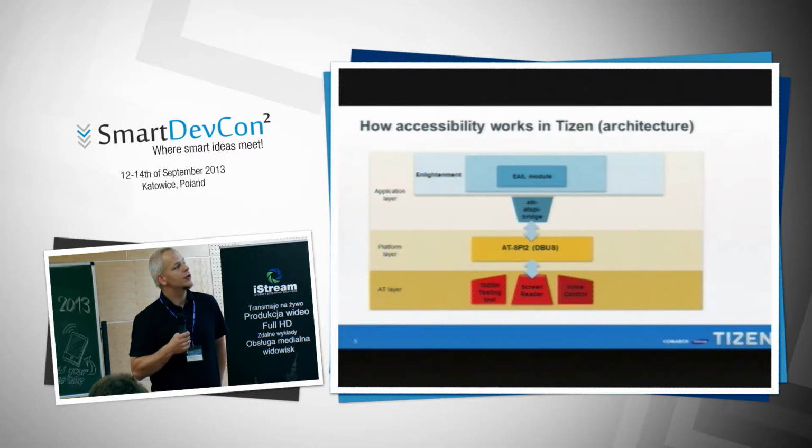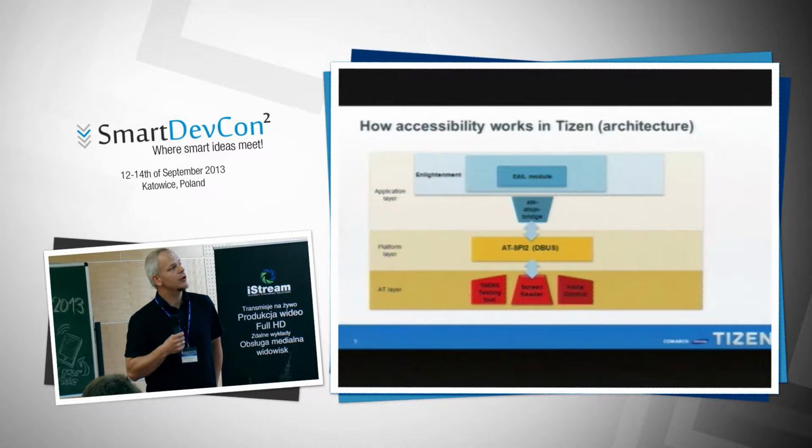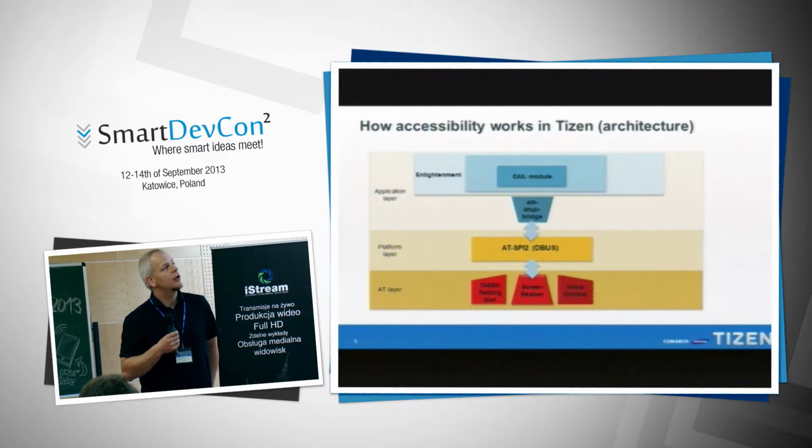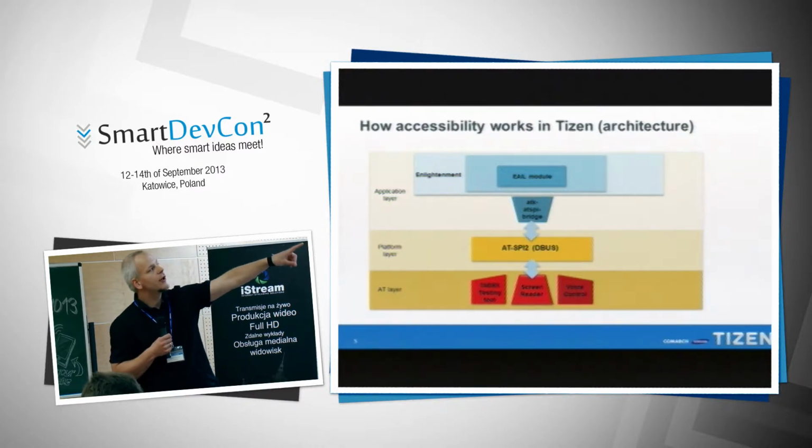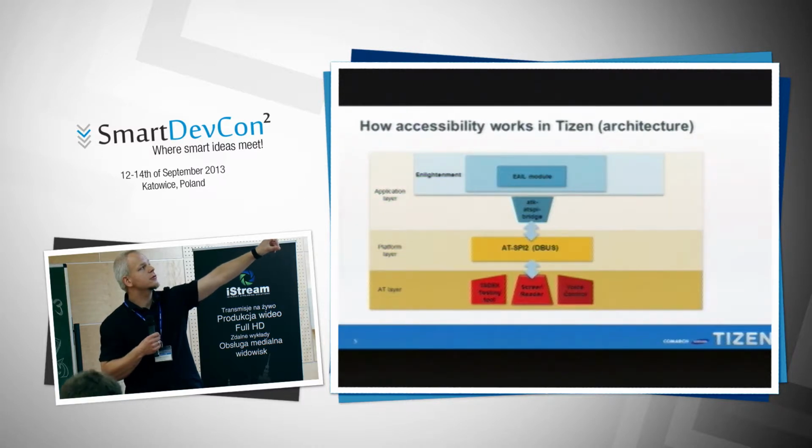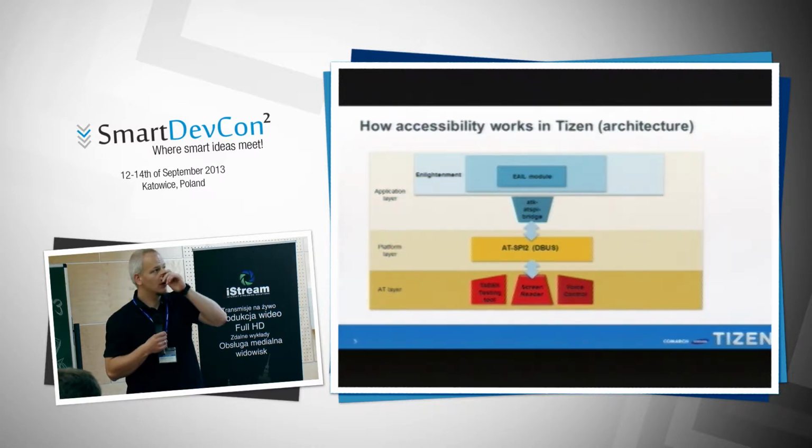So when an Elementary application is run, the EAIL module is activated, and the application is registered in the AT-SPI registry, which is responsible for bidirectional communication between the assistive technology layer and the application layer.